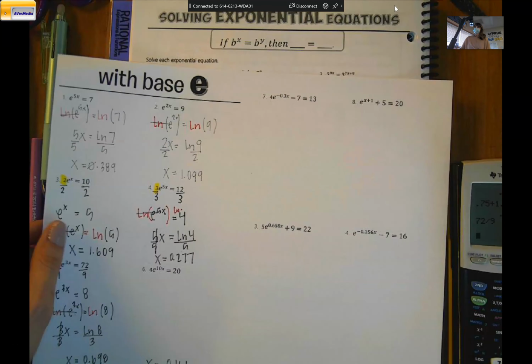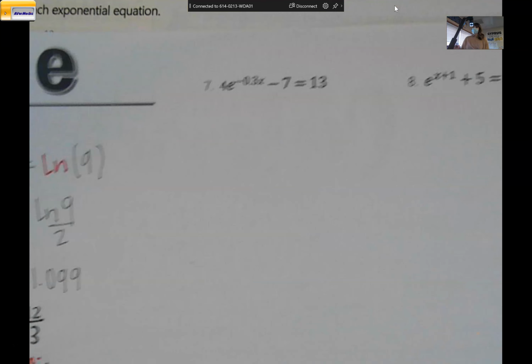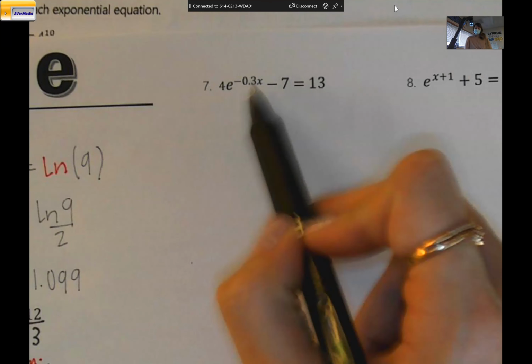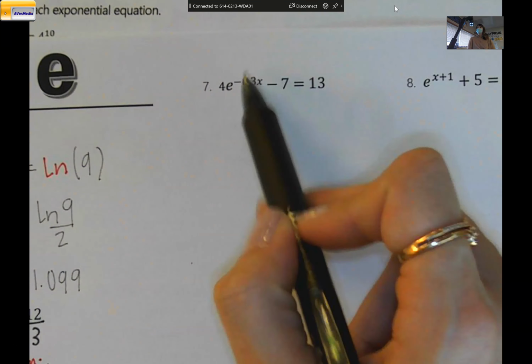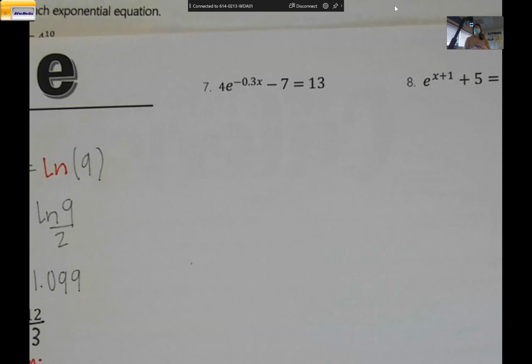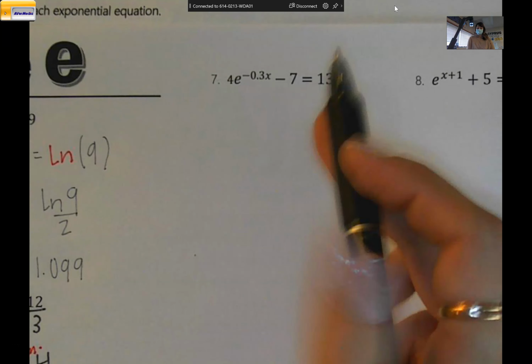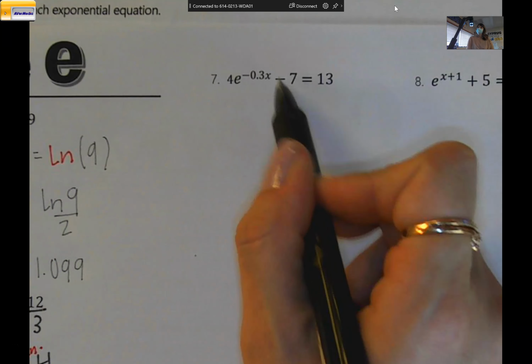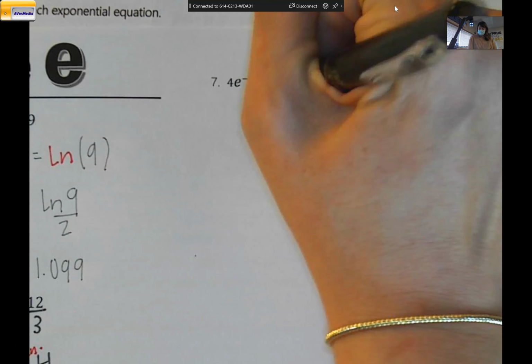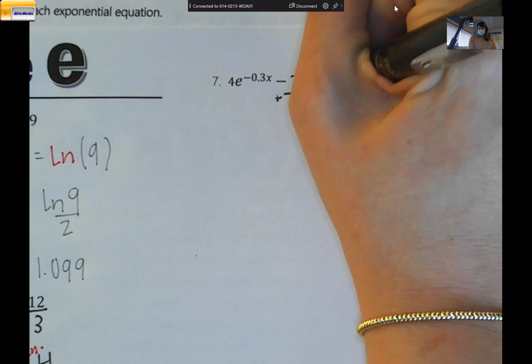Now our last set is girlfriend and friend. So we solve this in the same order that we did before. Even though the x is trapped up here in the exponent of the e, we pretend like this is one of our girlfriend equations, and the first thing we get rid of is this minus 7. So we're going to add 7 to both sides.